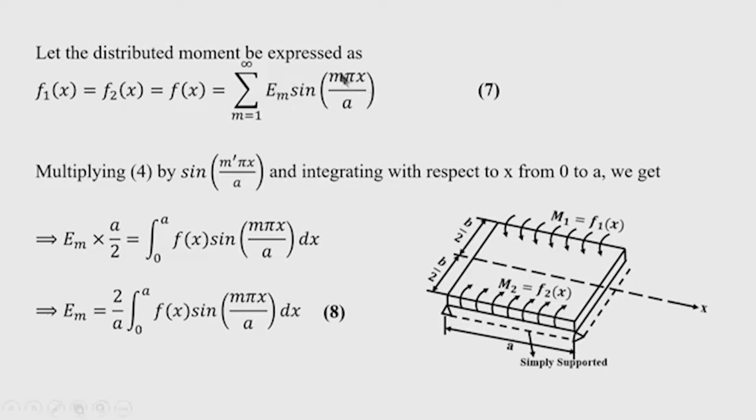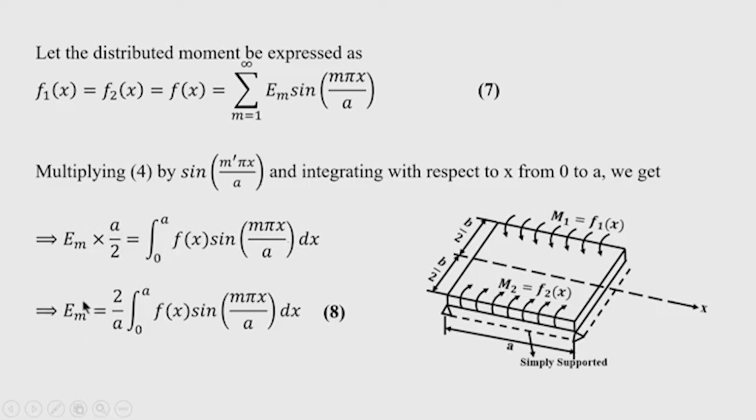So, therefore, the right hand term becomes E m into a by 2, and the left hand side is the integral of f x multiplied by sin m pi x by a with respect to dx in the limit 0 to a.